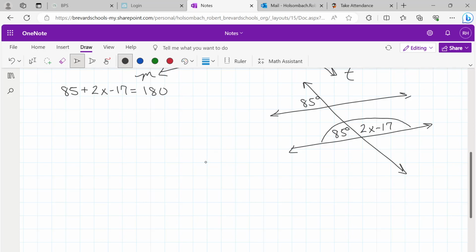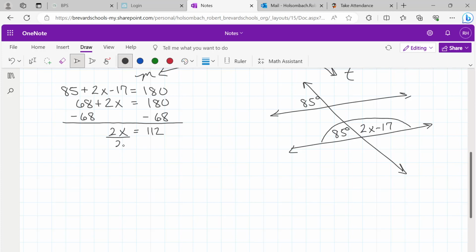And now we're just going to solve for x. We're going to combine like terms. We got 85 minus 17, so 68 plus 2x equals 180. Subtract 68 from each side. 2x equals 112.